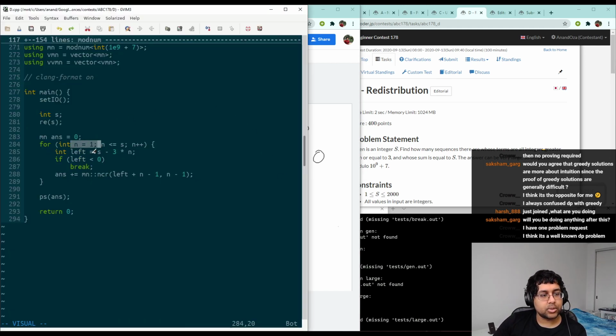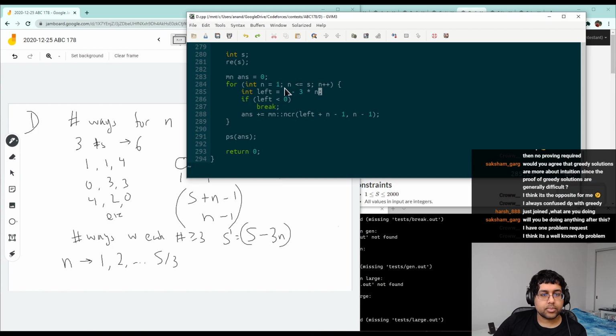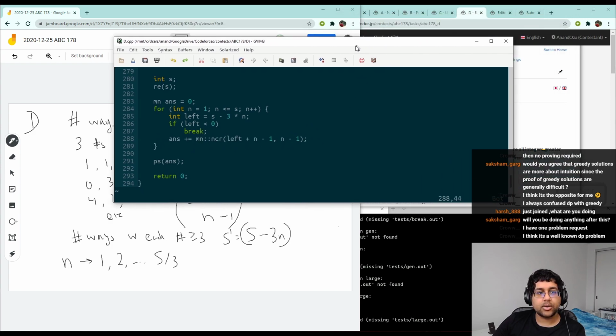We consider n equals 1 to s, and then the number of leftover things is s prime, s minus 3n. If this is negative, we can break early. This is a way to get to s over 3 without any potential off by 1 errors, because the thing you really care about is this being negative. And then here we just do the binomial coefficient. So that's how we do D.